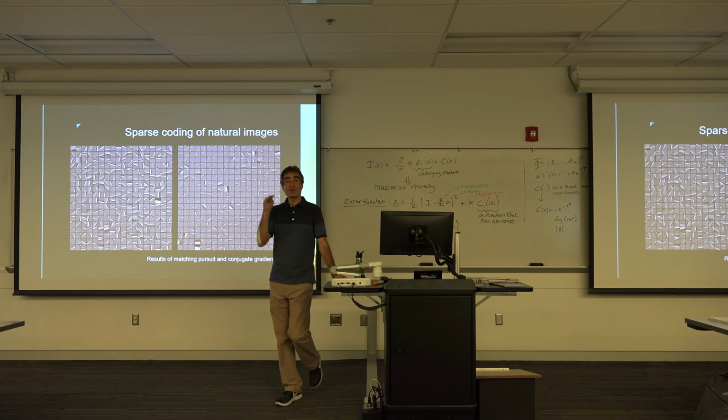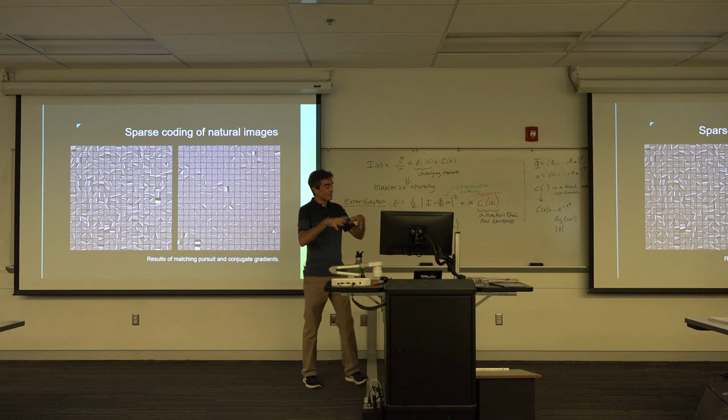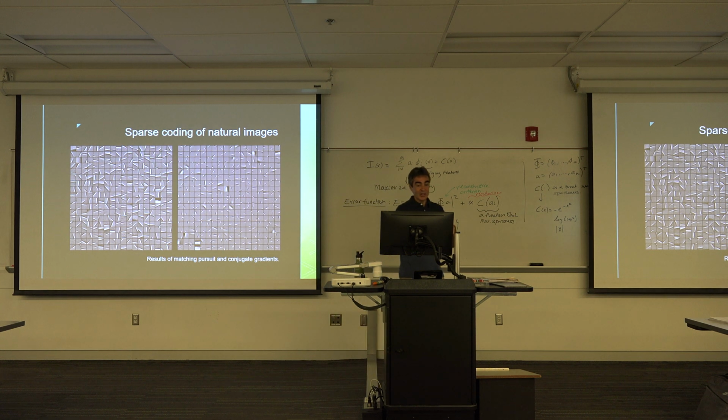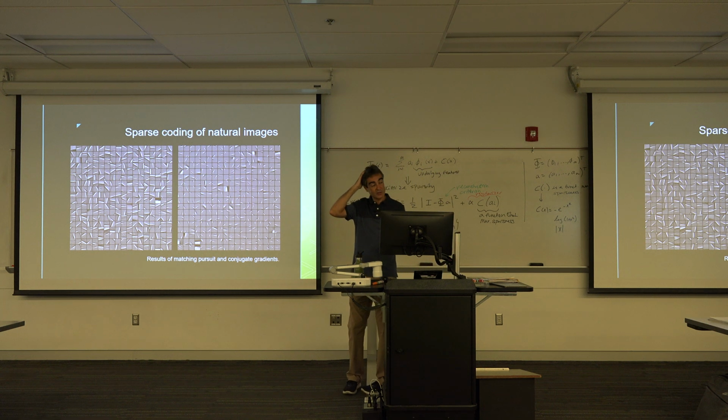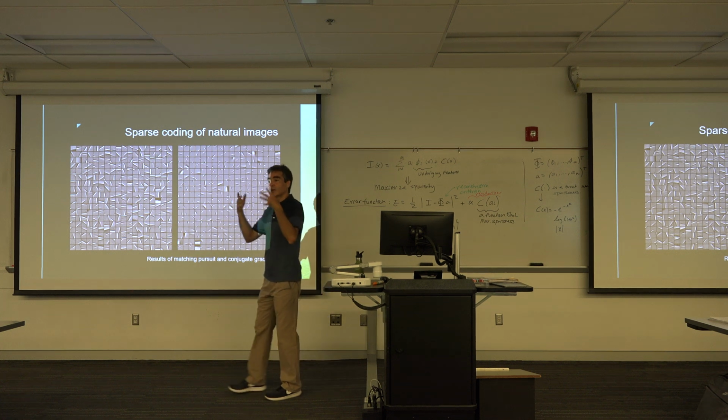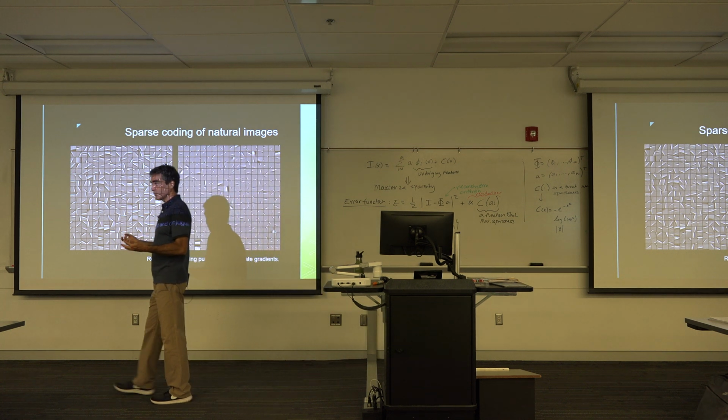Okay? Now with that, something else pops up, which is note that you can start representing every image that you have with a very large number of basis vectors, right? Huge number of basis vectors. That is called an over-representation, right?